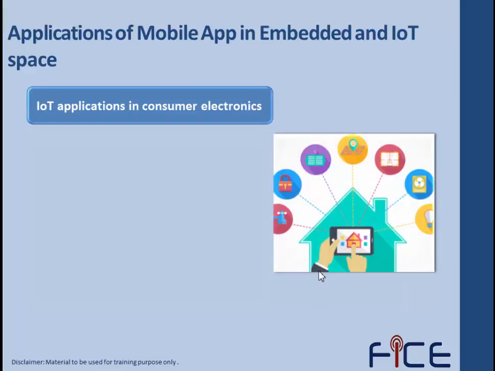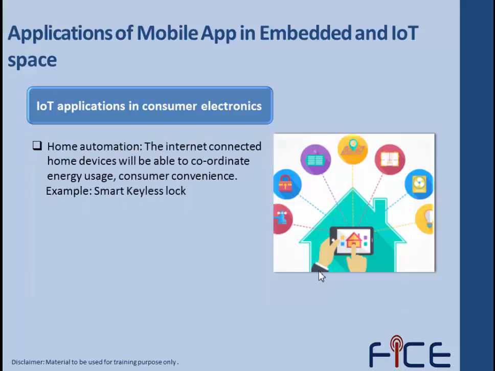In consumer electronics, if I consider home automation, in this home automation, internet connected home devices will be able to coordinate energy usage, consumer convenience, and possibly accurately and consistently anticipate the needs of the people who live in the home.